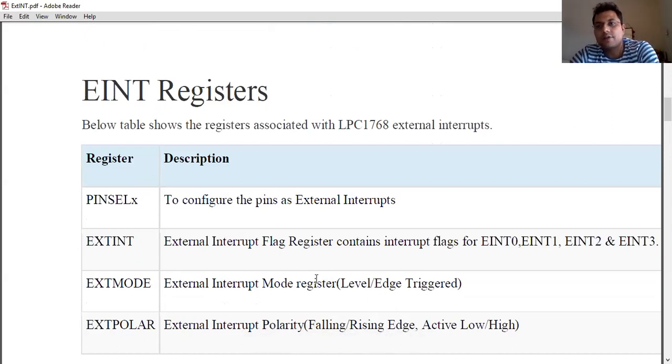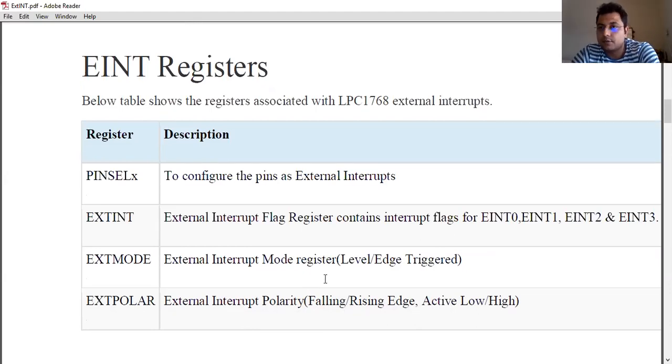Then once you have configured those things, as and when any interrupt occurs, the system would acknowledge that interrupt in the external interrupt register. Out of 32 bits, we are using the initial 4 bits for our 4 interrupts.